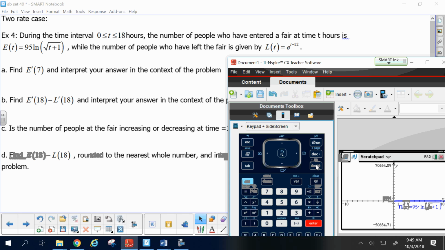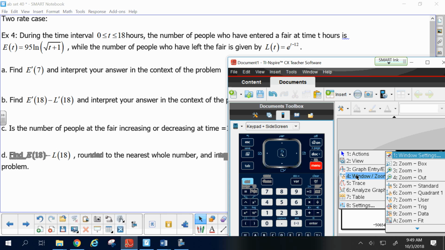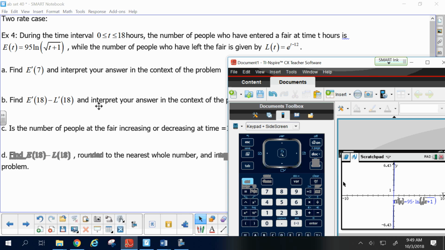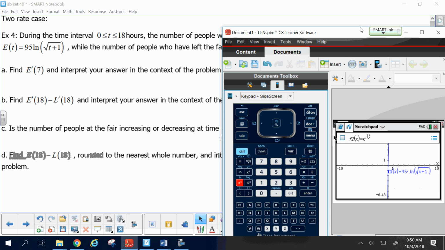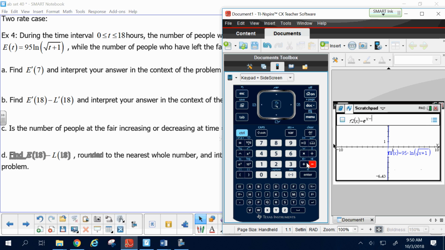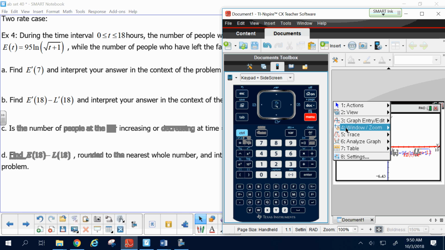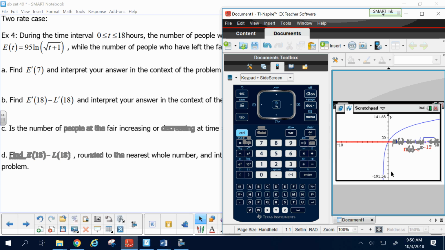Okay, I'm going to set my window back to a standard window until I know what's going on. That's also terrible. I guess I'll work that out in a second. Give me a minute. All right, e to the, does that say t minus 1.2 or 12? 12? Thank you. All right, how does Zoom Fit go? Does it work pretty well or not so much?